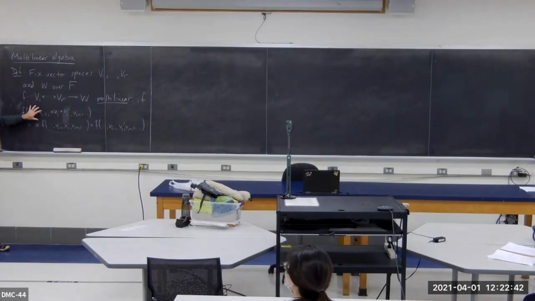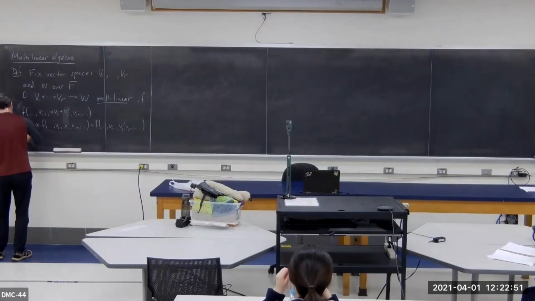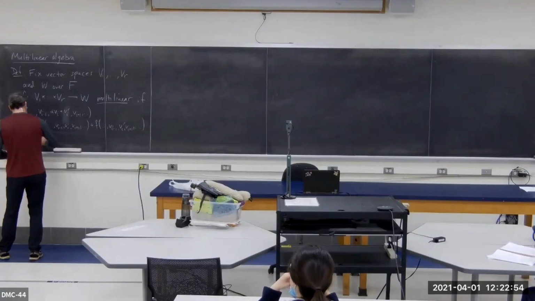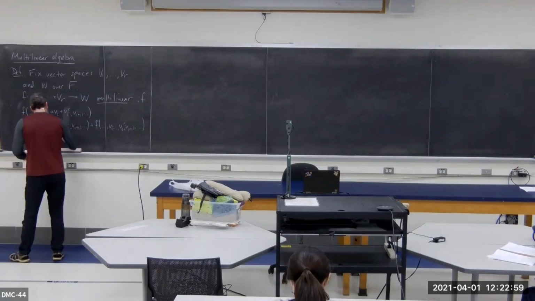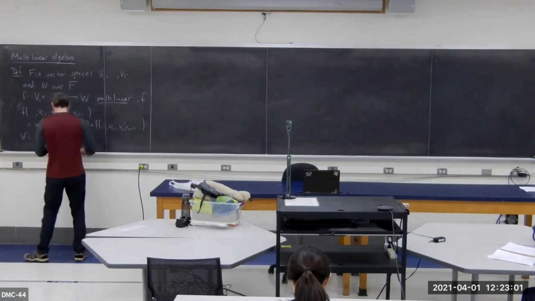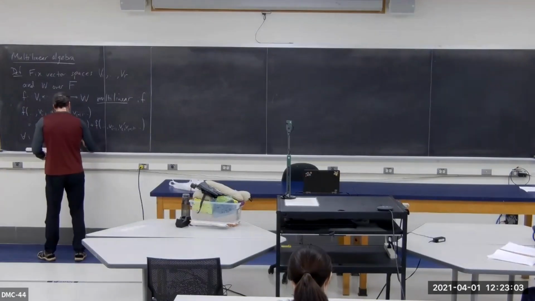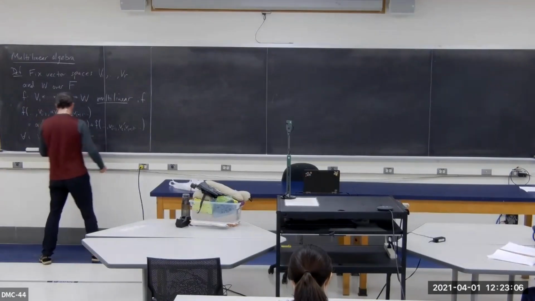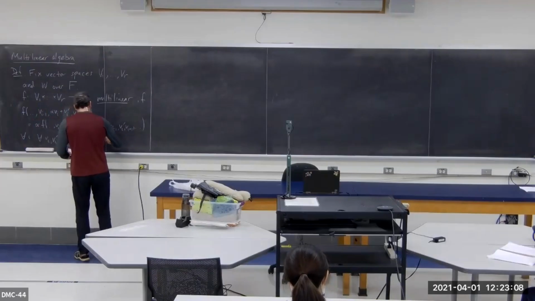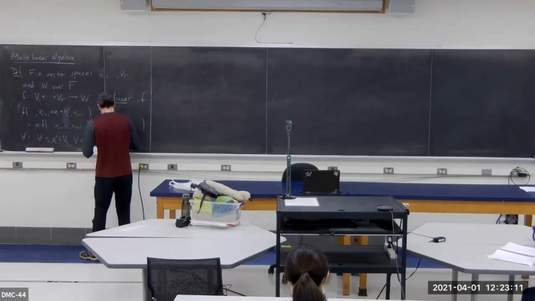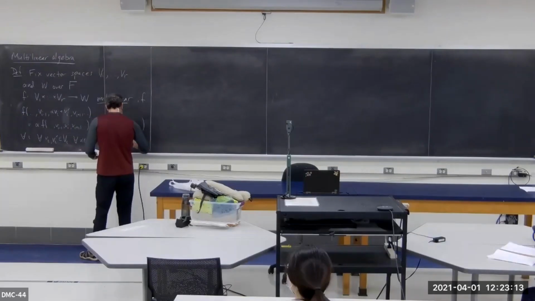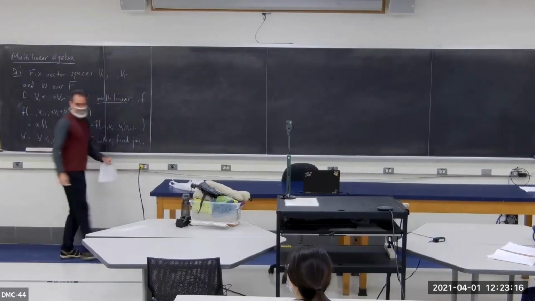If you view everything except the ith argument as fixed, then it's linear in the ith argument, and that's true for all i, for all vi and vi prime in the ith vector space Vi, and for all scalars alpha in F, with the Vj fixed for j not equal to i.